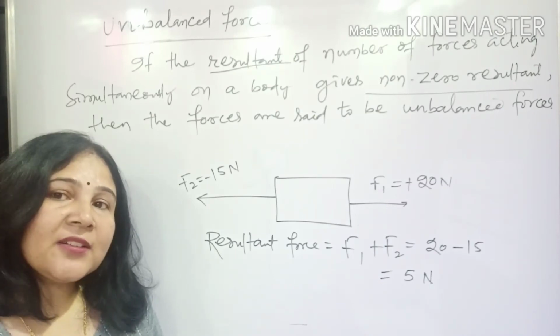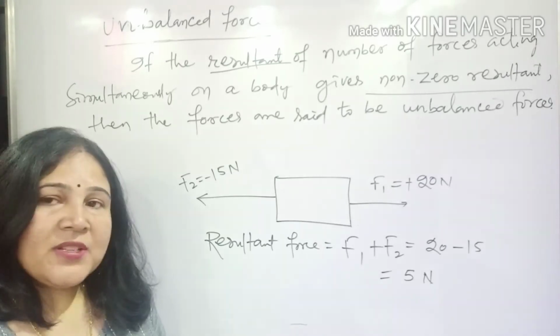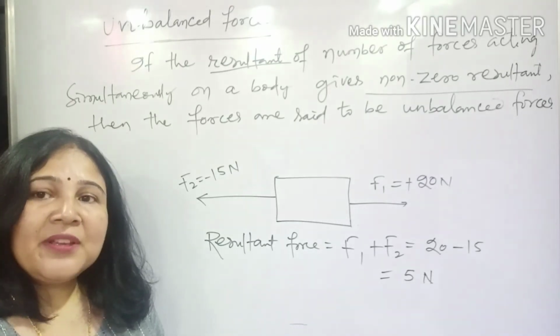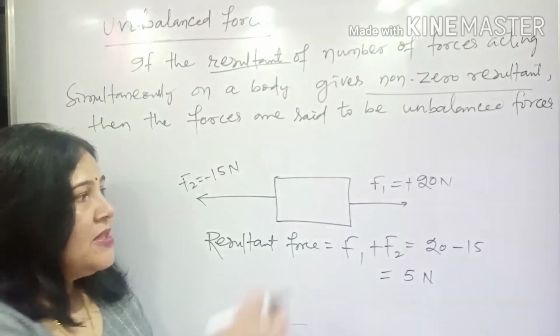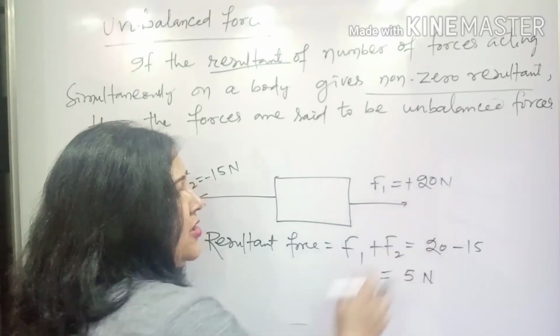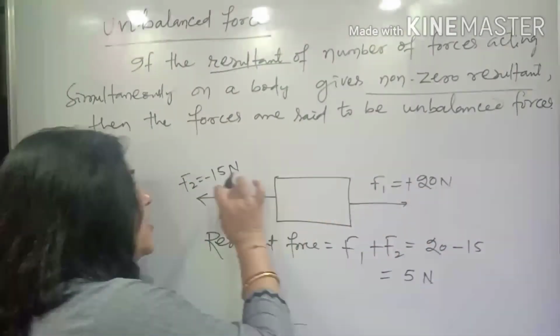Now what will be the direction? That is important. Always remember the direction will be towards the force which has greater magnitude. If we compare F1 and F2, whose magnitude is greater? Don't look at the signs, only look at the magnitude. Here it is 20, here it is 15.